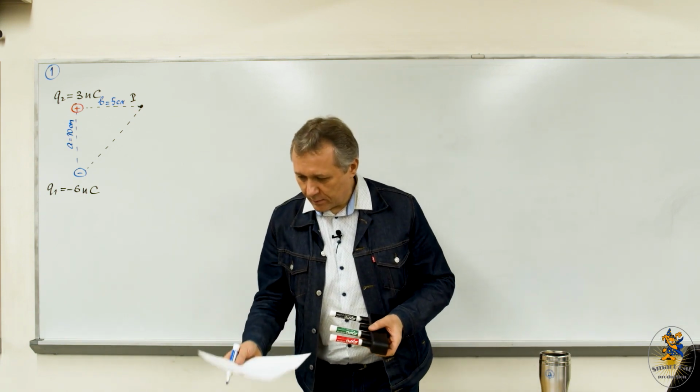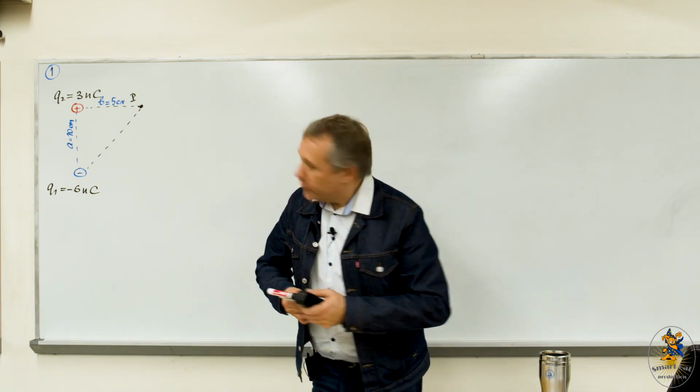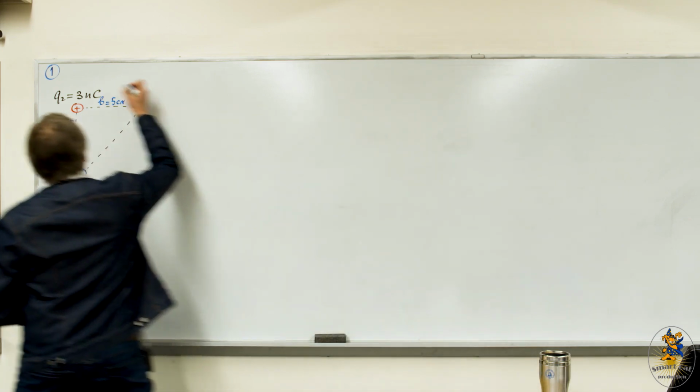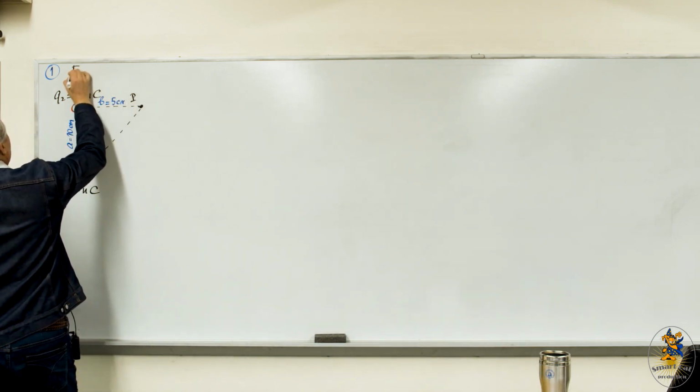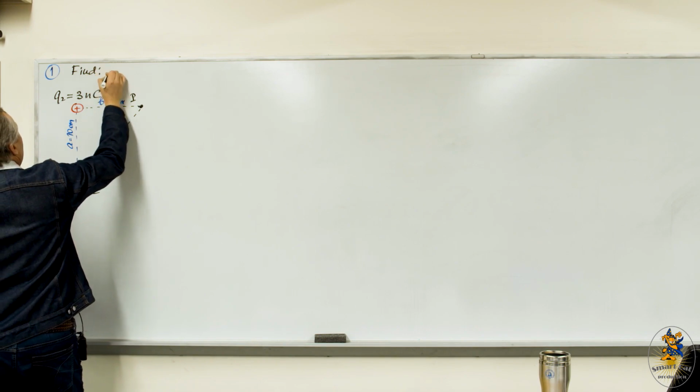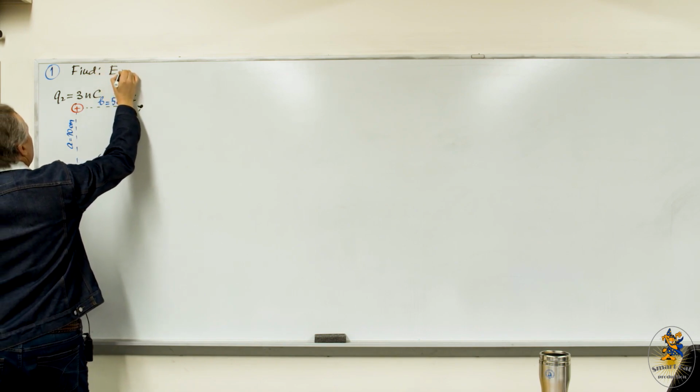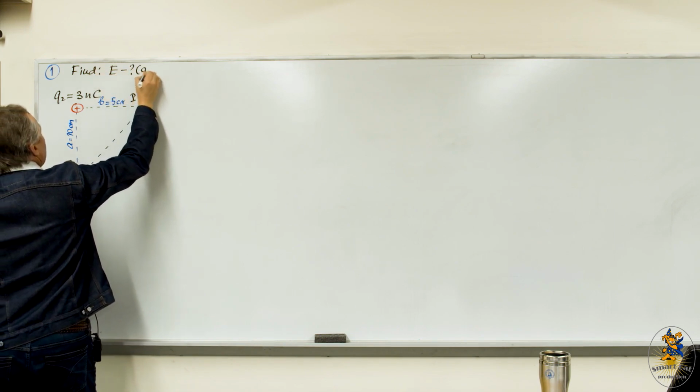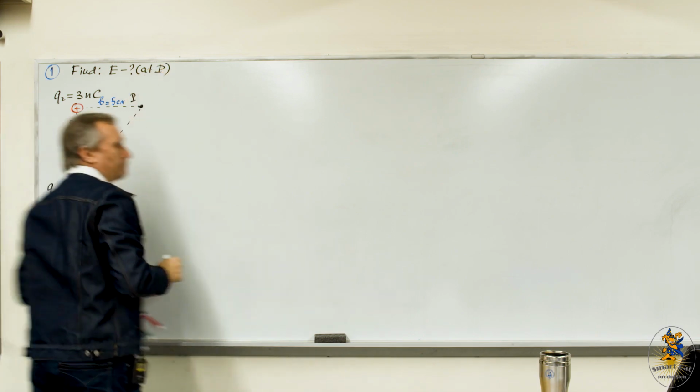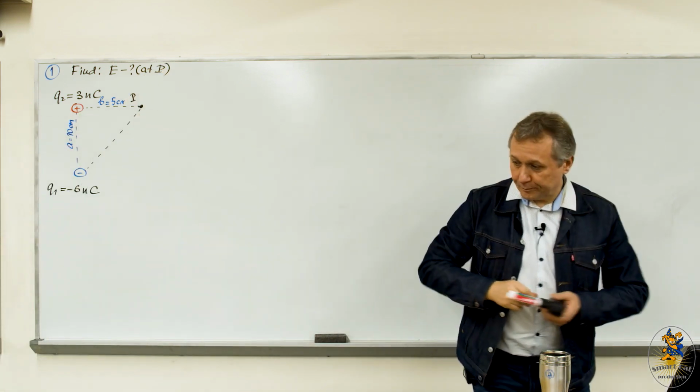Okay, that's it. So we need to find the net electric field at point P. Let me write that down. We need to find E at point P. Of course, it's E net.